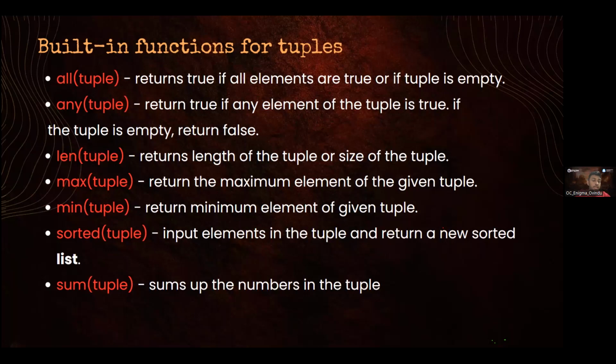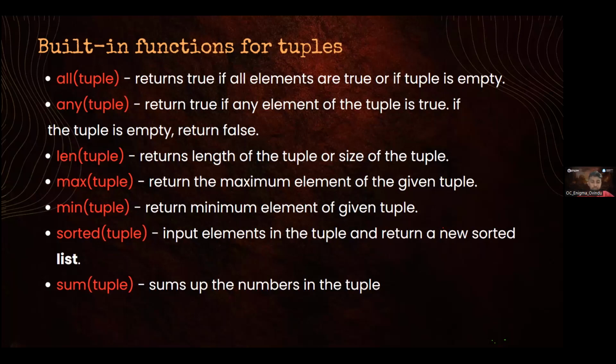The any would return if any is true. You can look at it like the functionality of AND and OR, which you learned during your A levels. So the all would be similar to an AND gate, where you would return true if all the inputs are true. And the any is something like an OR gate, where you would return true if at least one element is true.